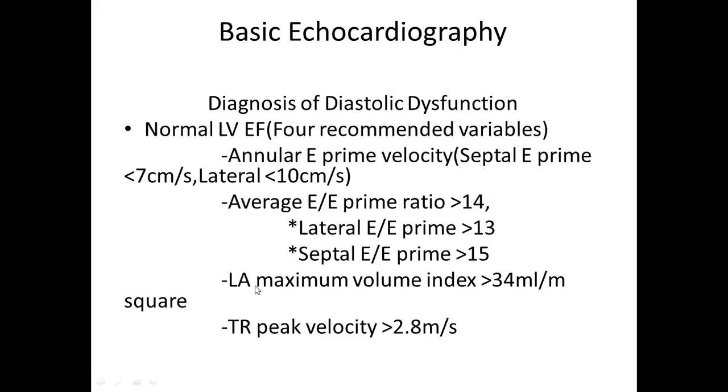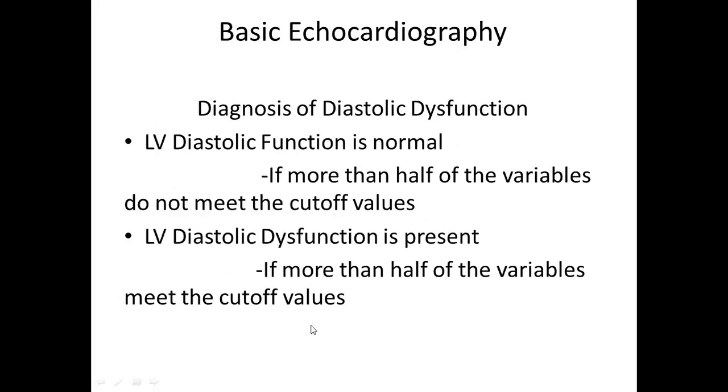These things are significant. So if you're going to diagnose diastolic dysfunction, you just need to look at 4 variables to start out with. Your mitral annular velocity, your E/E prime, left atrial volume index, and the tricuspid peak velocity. Okay.